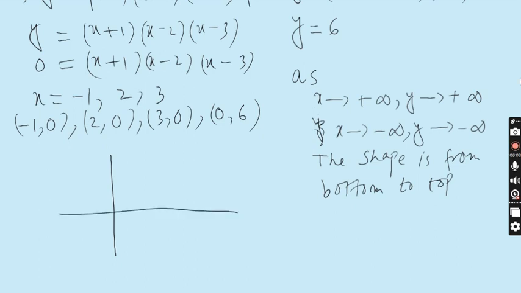the graph, draw the x-axis and y-axis. This is x, this is y, and this is the origin where the values of x and y are both 0. So minus 1 comma 0 you can mark over here, 2 comma 0 over here, 3 comma 0 over here, and 0 comma 6 on the y-axis. Now draw the graph.